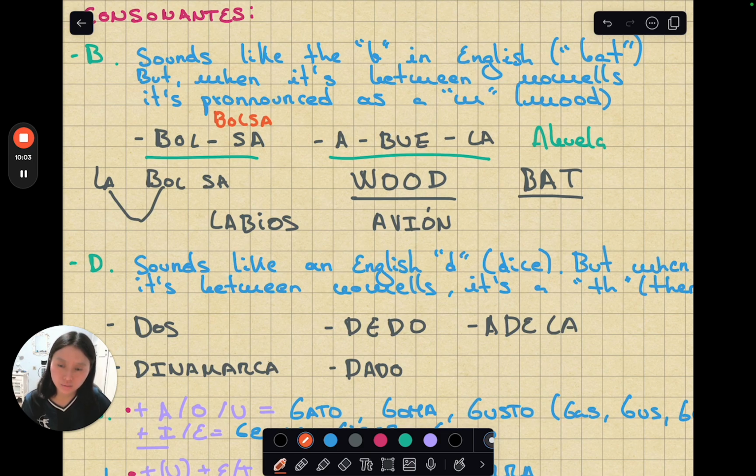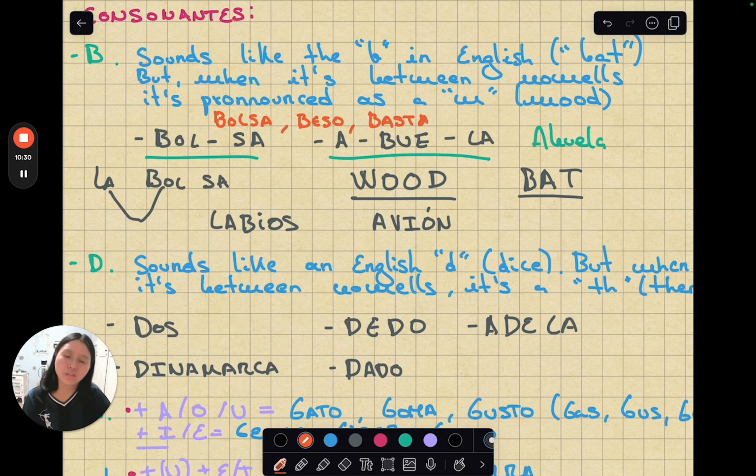Bolsa, okay? Or if you have beso, beso means kiss. Or basta, basta is enough, okay? Basta.